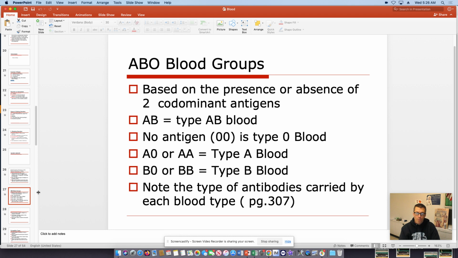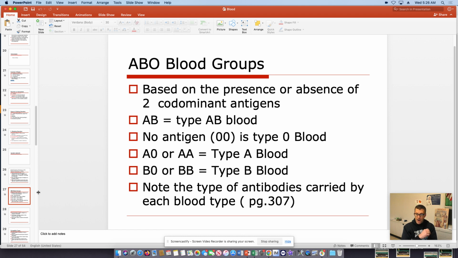So ABO blood groups are based on the presence or absence of two codominant antigens. A and B means you have type AB. None means you have type O. If you have an allele for A from one of your parents and an allele for O from your other parent, you still have type A. And if you remember from genetics, we're talking about dominance, and in this case with blood type, codominance.